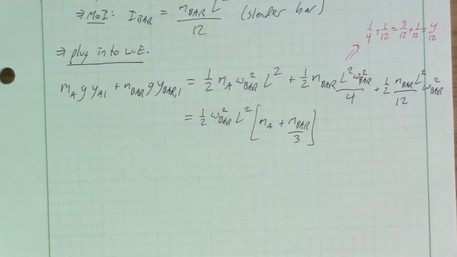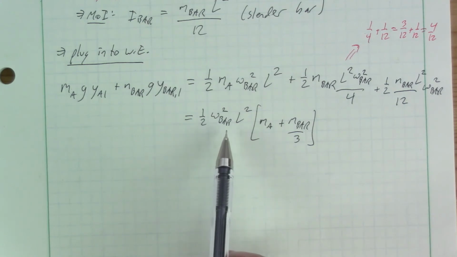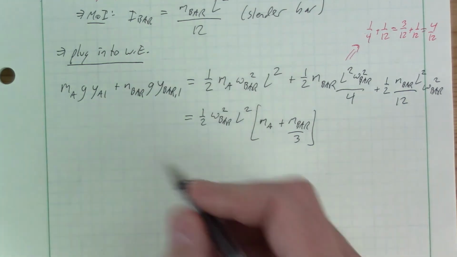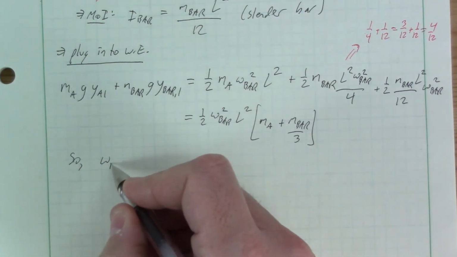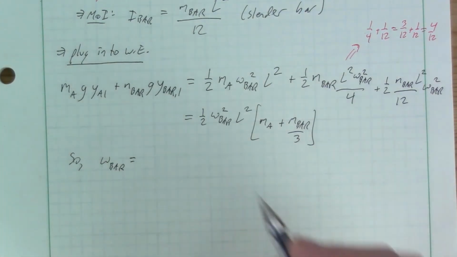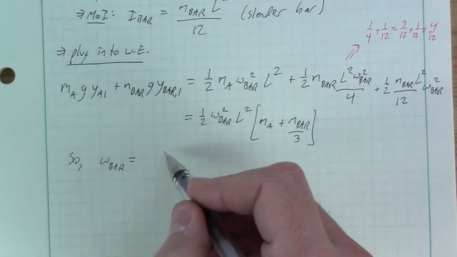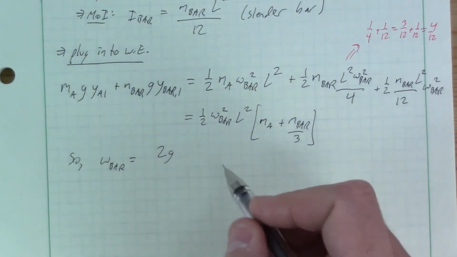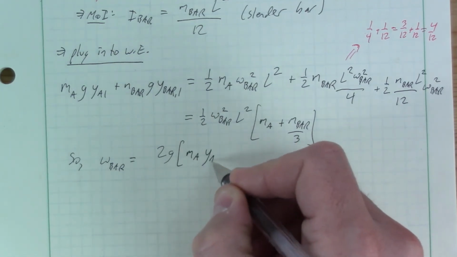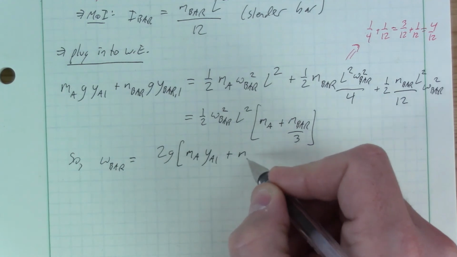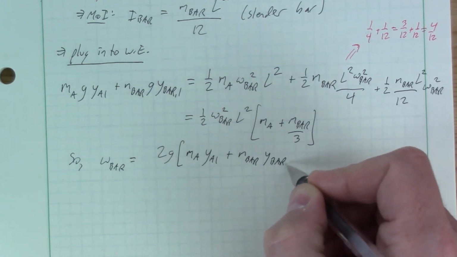All right. And remember, all we're doing is we're looking to solve for omega bar there. And at this point, we could actually do it as an analytic expression. Omega bar equals the square root of 2g, when we multiply the 2, both of those have a g, times m A y A1 plus m bar y bar 1.